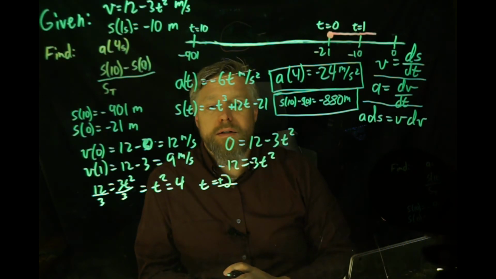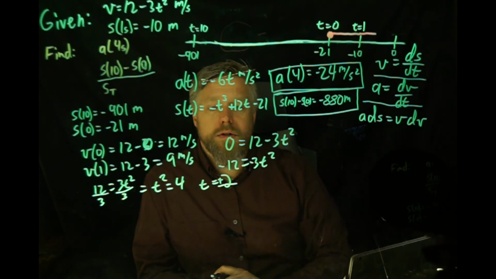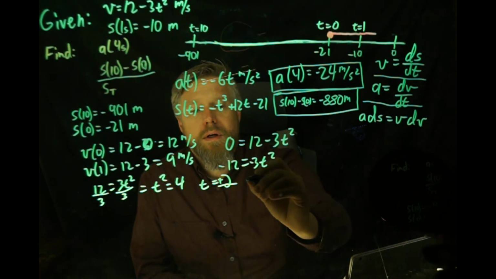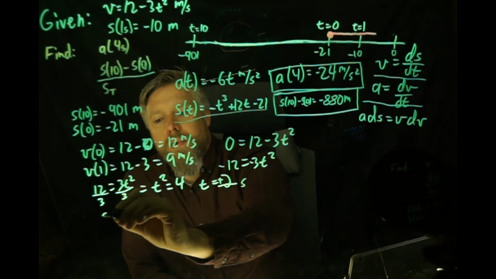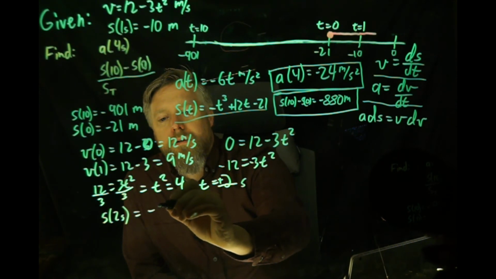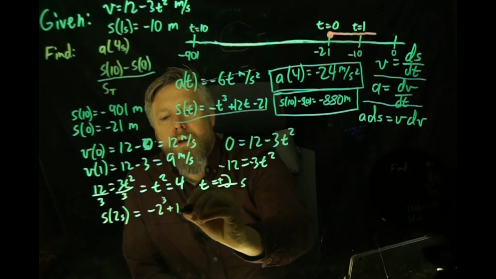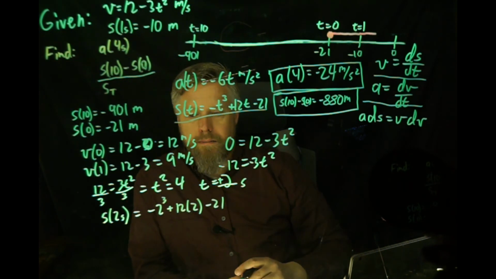Well, when is velocity 0? I don't really care about negative 2, because that's before my time started. So I care about the positive 2. I'm going to plug that into my position equation right here. I'm going to say the position at 2 seconds is equal to negative 2 cubed plus 12 times 2 minus 21.